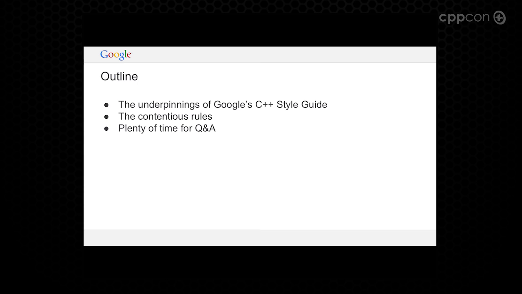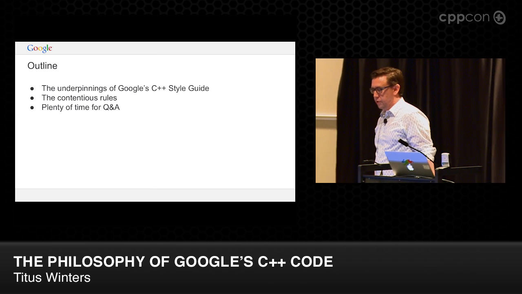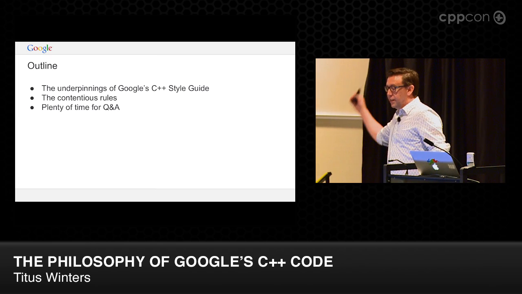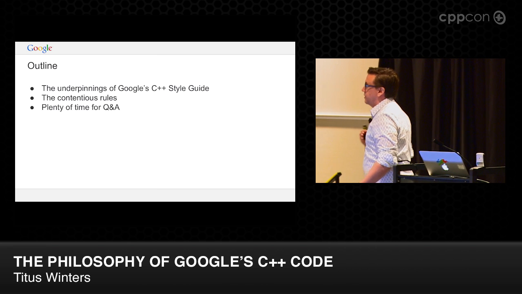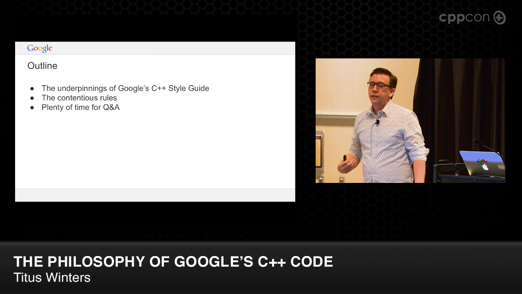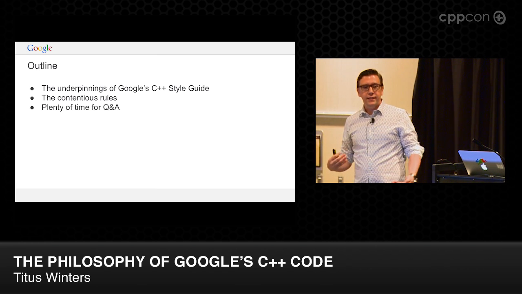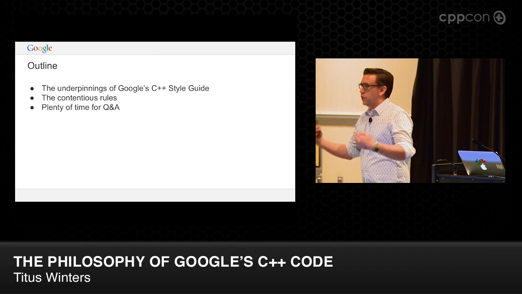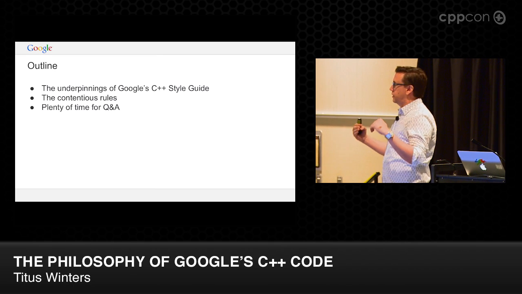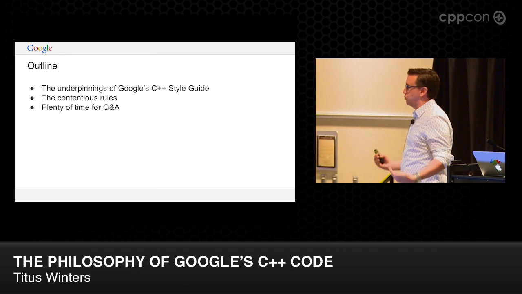Generally, for this talk, I'm going to talk in 2 parts and then let you guys bring out the pitchforks and torches. First, I'm going to look at the underpinnings of Google's C++ style guide. Okay? These are the things that we have identified as the goals that we are trying to serve with having rules.